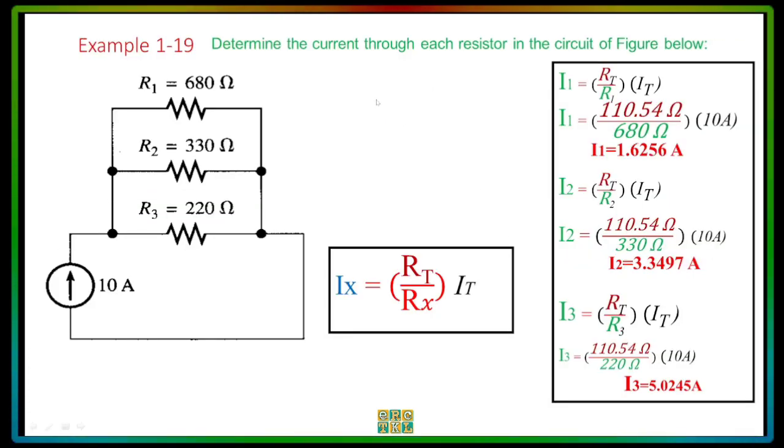So let's determine the current through each resistor in the circuit given below.